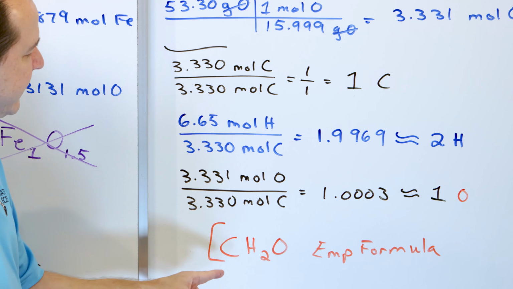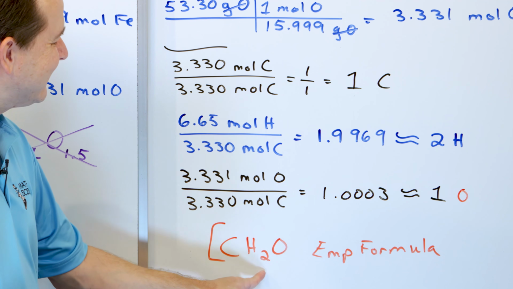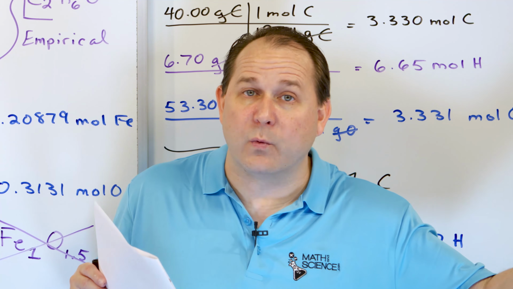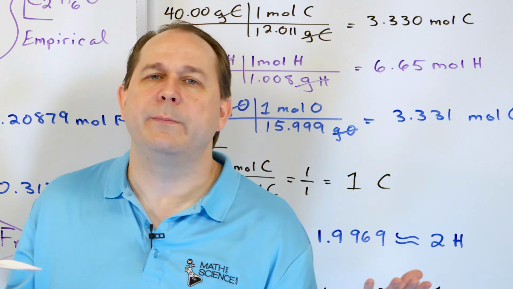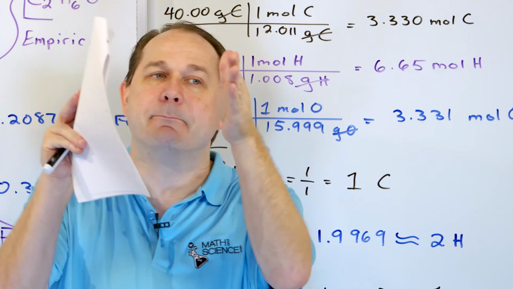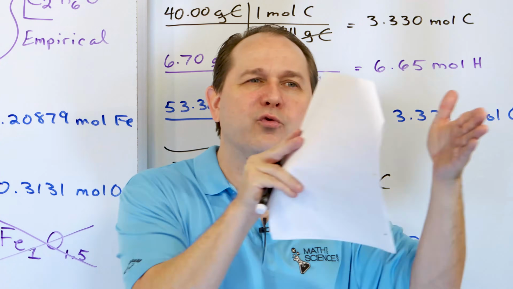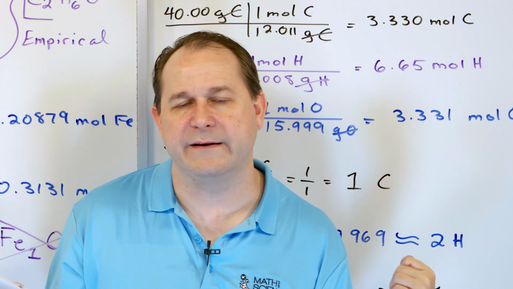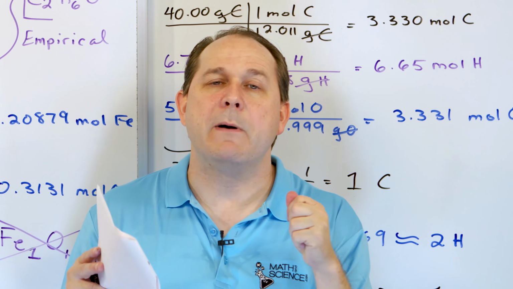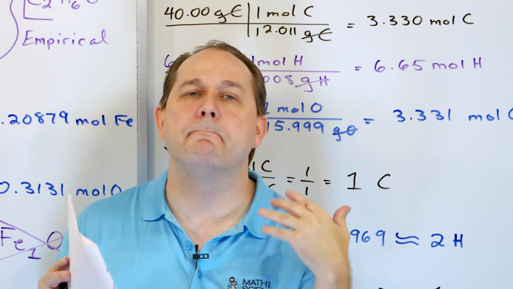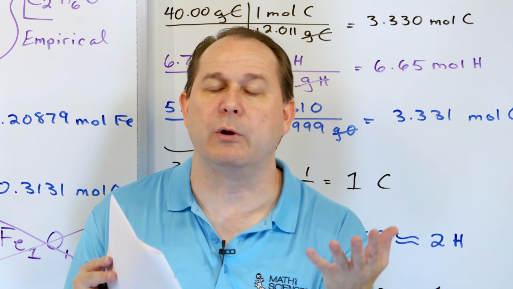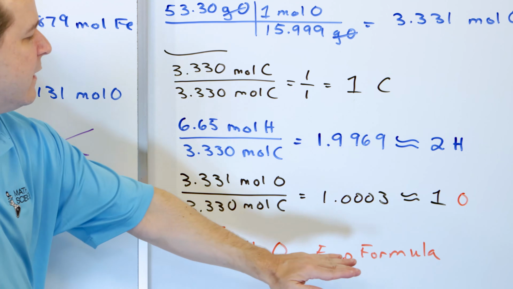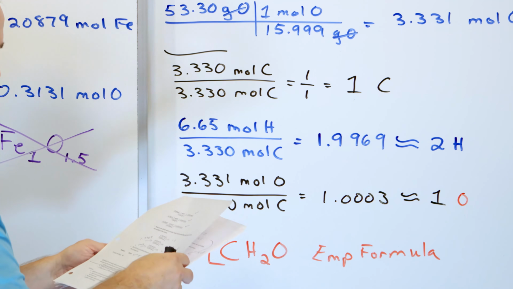If it was times 3, it'd be C3H6O3. If the molecule were actually one of those bigger ones, then the mole ratios I would get would be the same, because we're dividing by the number of moles of the other species, so the ratios between them would be the same, even if the molecule were a bigger whole number ratio of this. So this is the empirical formula. The molecule might actually have that shape, but it might be a whole number multiple of what we've written on the board. But this is a candidate. It might actually be this. We have a word for that called the empirical formula.